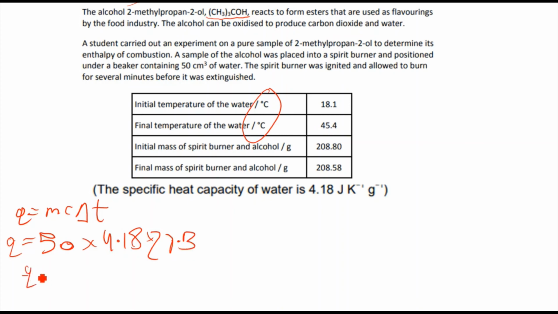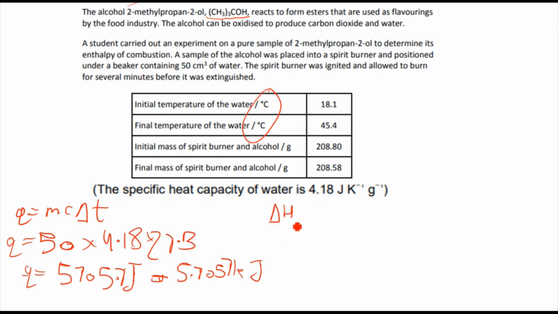So that's the temperature change, and this gets me for my value 5,705.7 joules. So now we need to convert that into kilojoules, so that would be equal to 5.7057 kilojoules. So I'm not rounding that up now because I want to keep my answer as accurate as possible.